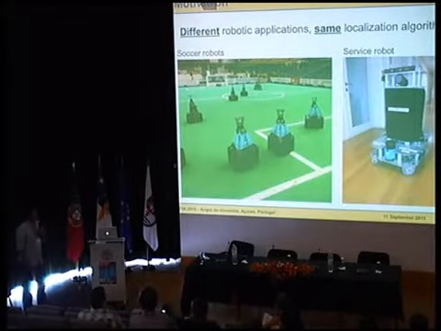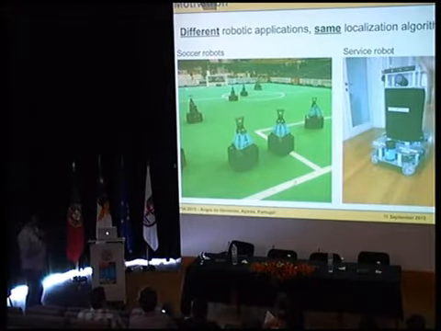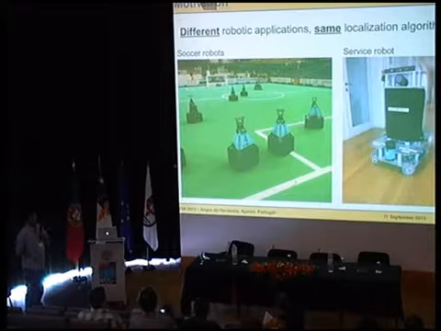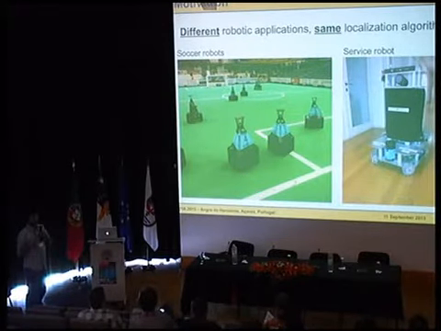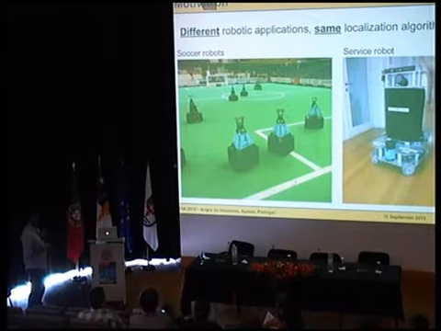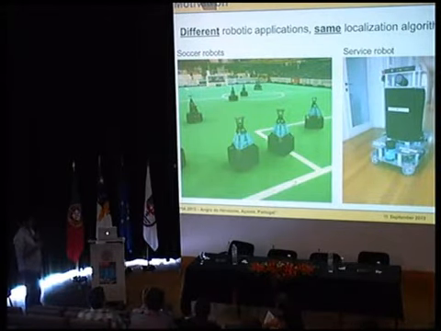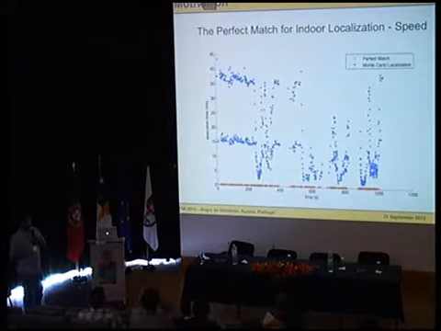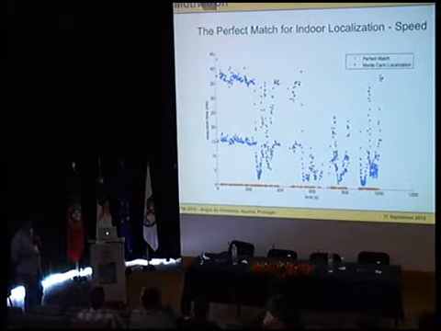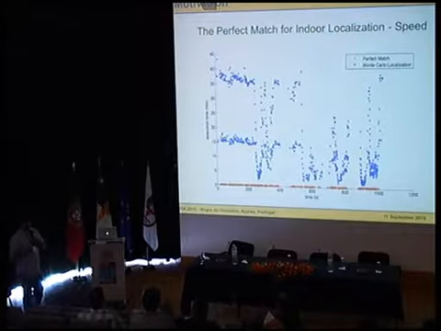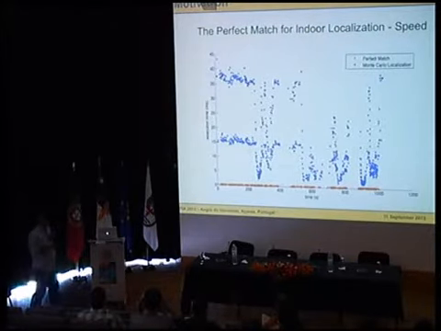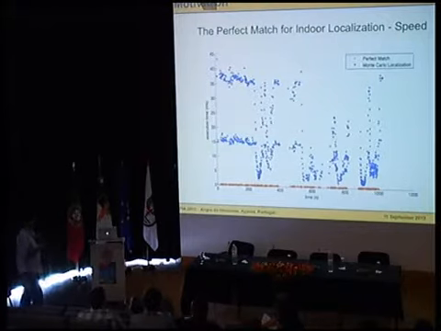As you can see here, in our group we have more than one type of robot. You see here two different robotic applications, but we try to use the same localization algorithm. This localization algorithm is called the perfect match, and it has several properties that motivate us to use it.